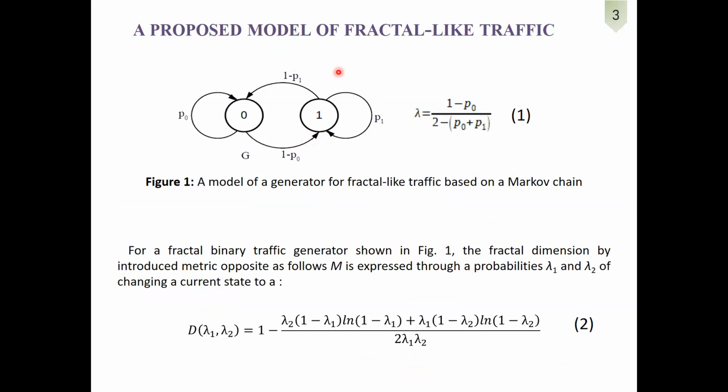You can see it here, and the proposed measure for fractal dimension, such a formula. Due to the fact that traffic in networks is segmented by packets, it was decided to model binary traffic at the packet present, packet absent level.